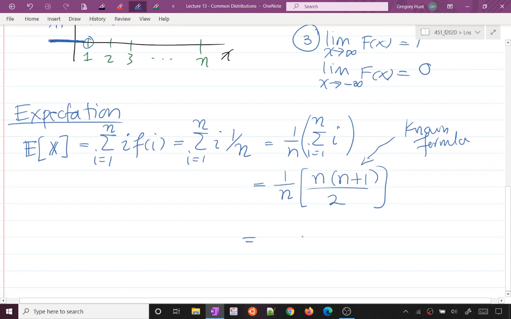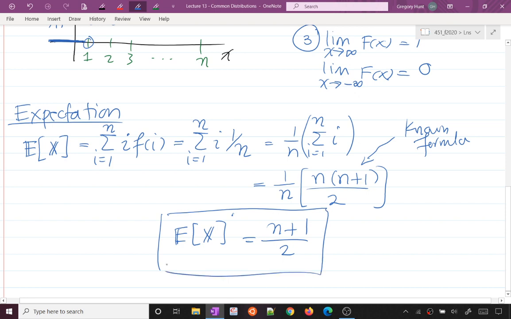And so that gives us a final answer of n plus 1 over 2, right? And this was our expectation. So the expected value of a discrete uniform on the numbers 1 to n is n plus 1 over 2.